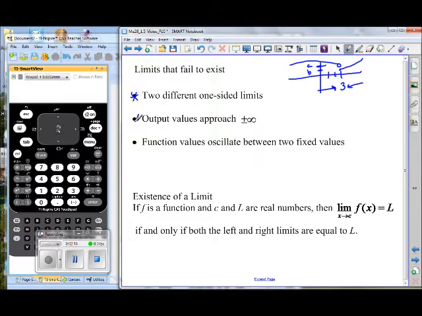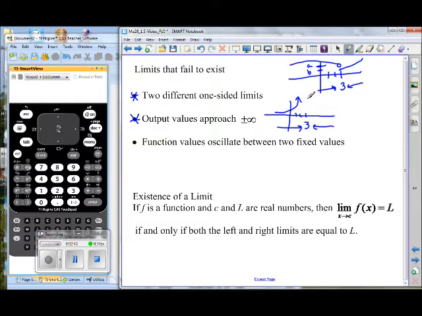The other one is somewhat similar, but not exactly the same. We'll take our good old 3 again. Let's say as we come up to 3 on the input values from this direction, our output values are doing something like that. And as we come up from this direction, maybe they're going in the same direction, however they never touch.